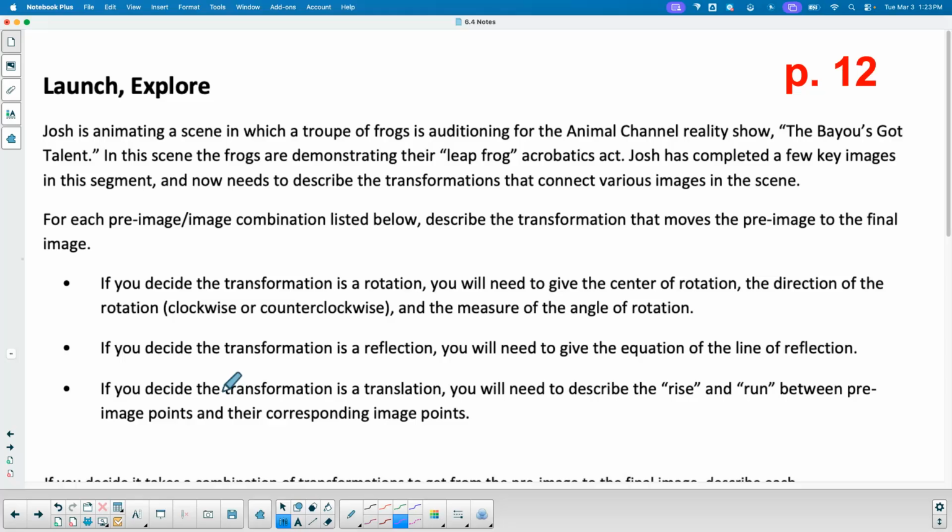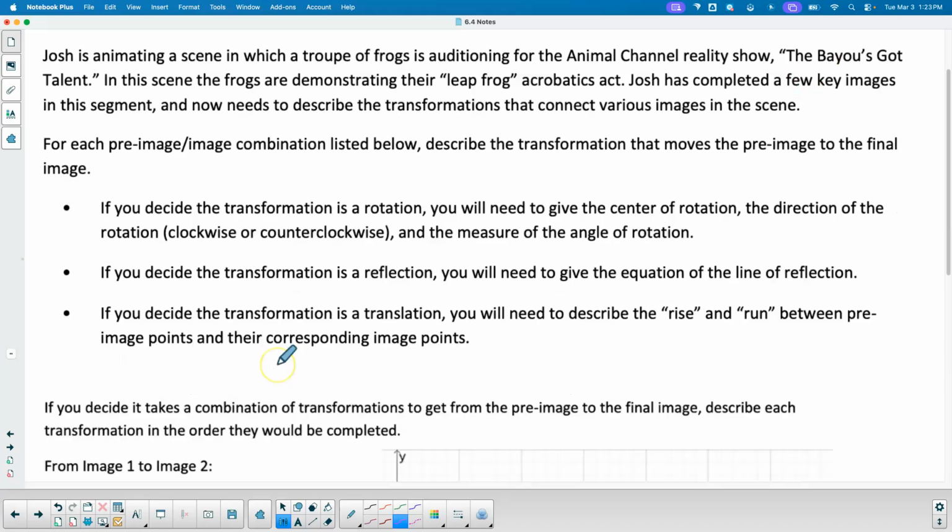In this scene, the frogs are demonstrating their leapfrog acrobatics act. Josh has completed a few key images in the segment and now needs to describe the transformation that connects the various images in the scene. For each pre-image image combination listed below, describe the transformation that moves. So all we're talking about is what transformation moved it from one to the next. Okay?